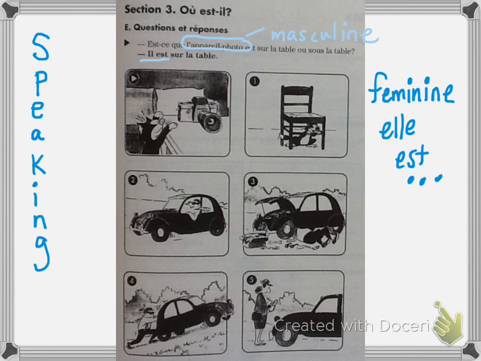Il est dans la voiture. 3. Est-ce que Monsieur Vénard est dans la voiture ou sous la voiture? Il est sous la voiture. 4. Et maintenant, est-ce qu'il est devant la voiture ou derrière la voiture?